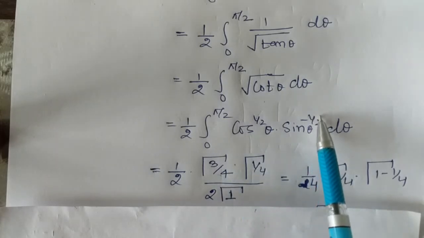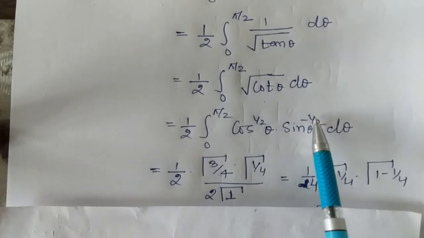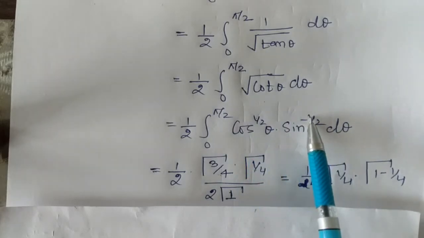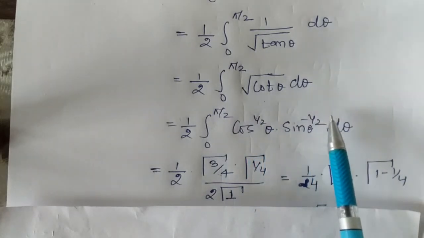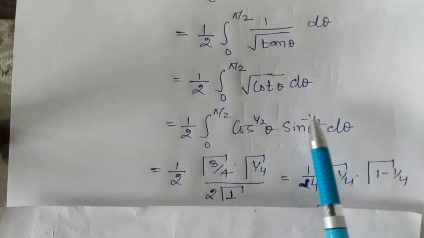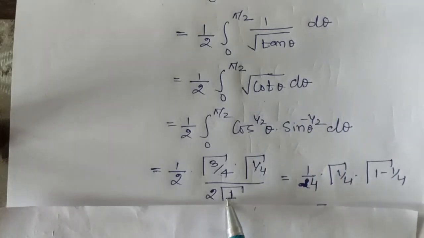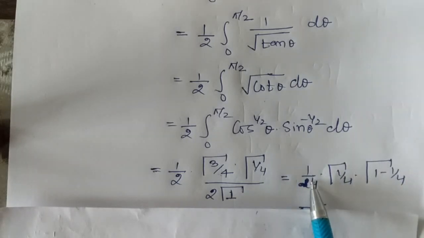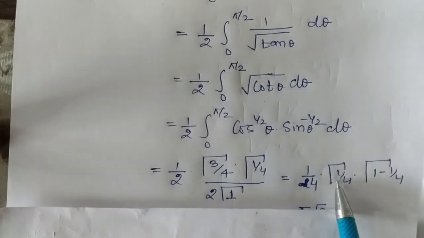So n is minus half, plus 1 is half, by 2 is 1 by 4, upon twice gamma of (m plus n plus 2) by 2. So half minus half plus 2, 0 plus 2 is 2, by 2 we get gamma 1. Now 1 by 2 into 2 is 1 by 4. Here gamma 1 by 4 as it is.